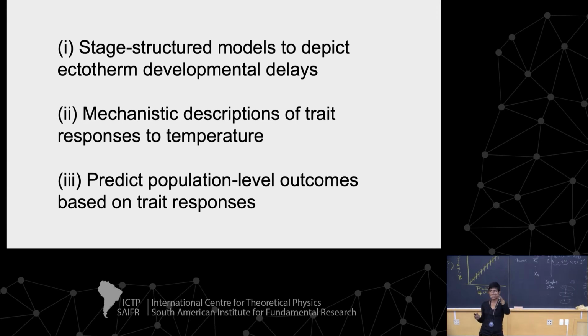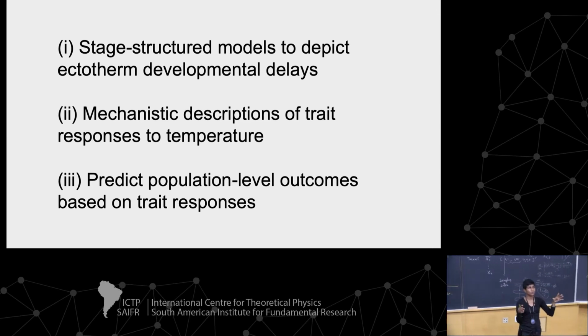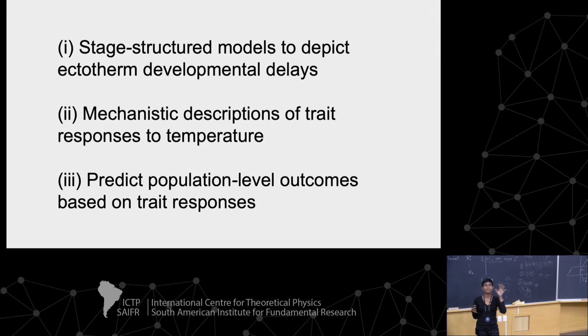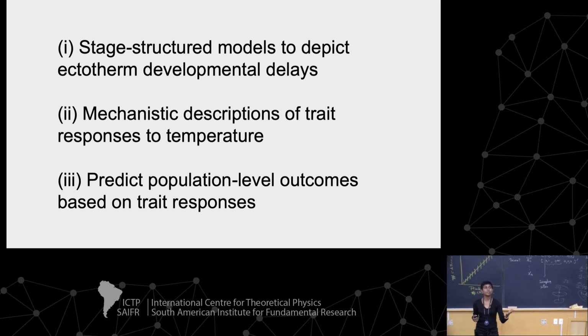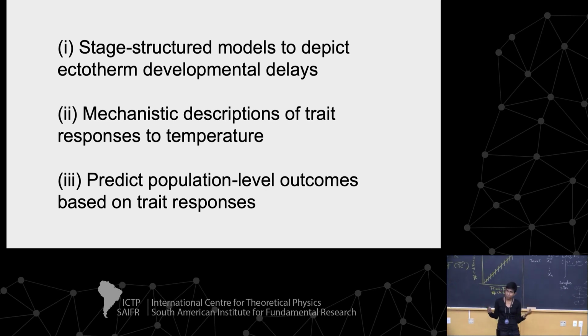When temperature varies over time in typical ways like seasonality, organisms can adapt so that they maximize their fitness, and so their delay is the kind of delay that maximizes fitness. But when temperature varies in unpredictable or human-induced ways like climate warming, these organisms are not adapted to that.